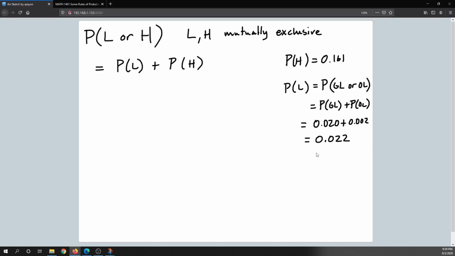Okay, so now going back to the original problem that we had, we know that the probability that the oil spill occurs in a lake is 0.022. The probability that it occurs in a harbor is 0.161. And then adding those two together, we get 0.183.